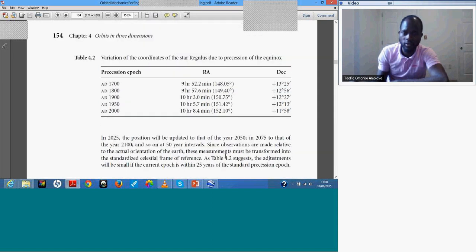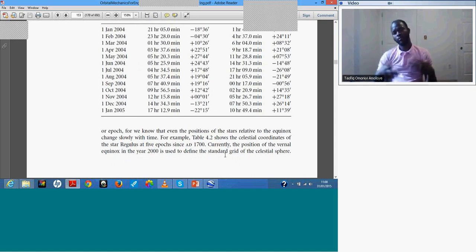We know everything is in constant motion, so in our engineering calculations it's always good to define a position that will be used for a length of time, and then make corrections for the known changes in such position with time. In this version of the textbook, the vernal equinox position in the year 2000 is in current use, and I think it's still in current use now.